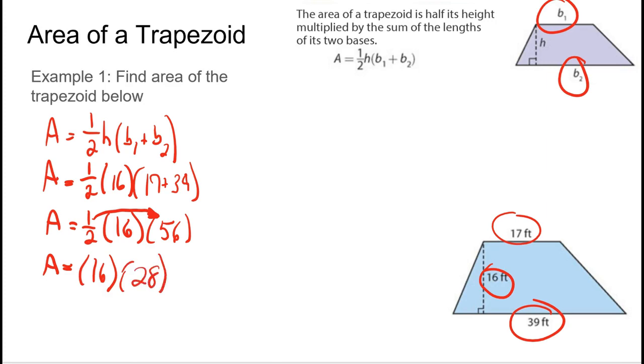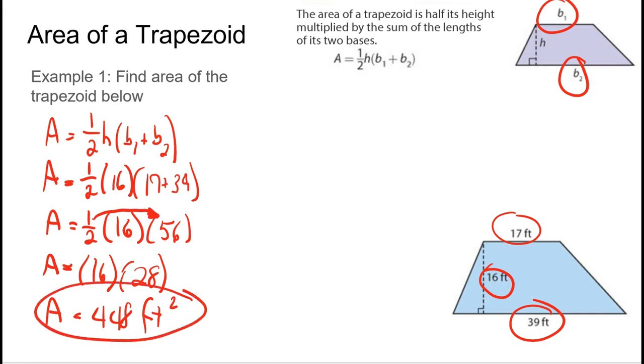Okay, so now what I am left with is 16 times 28, which after I do, I get 448. Again, my units this time is feet instead of centimeters, so I have feet squared. That's my answer.